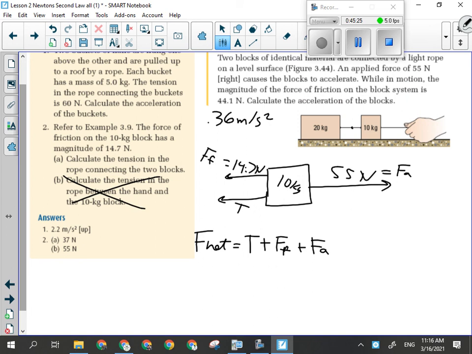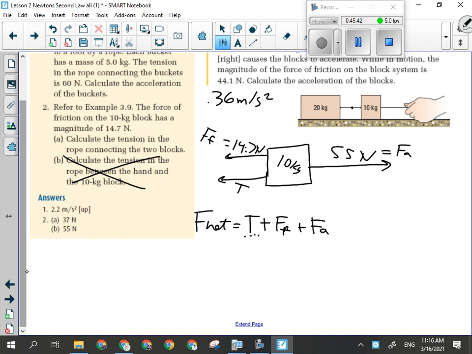So my net force is 10 kilograms times 0.36, which is 3.6. Now I know 3 out of the 4 forces, which means I can solve for the one I don't have, the tension in the rope connecting the two boxes. This is what I meant by you can apply that to individual parts of the system if you want. It applies to everything, the whole system and the individual parts.